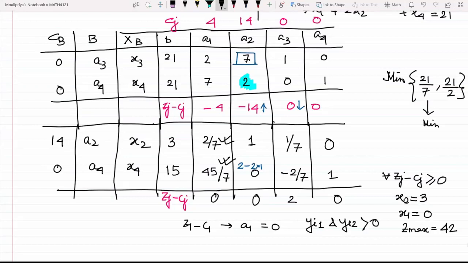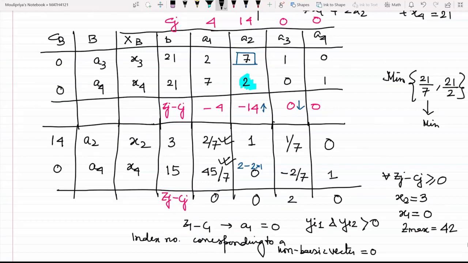So what is the condition to see? We see that the index number corresponding to a non-basic vector is equal to 0.